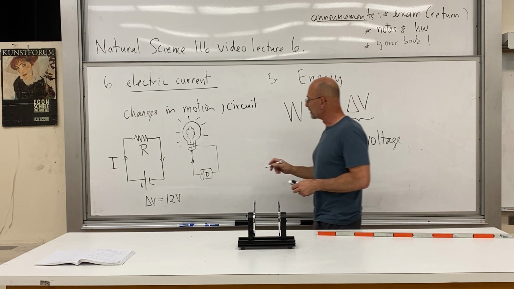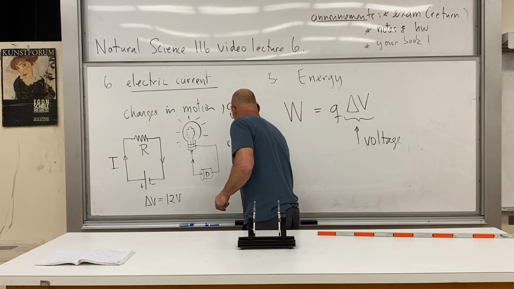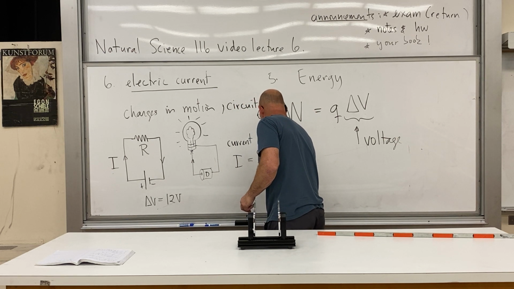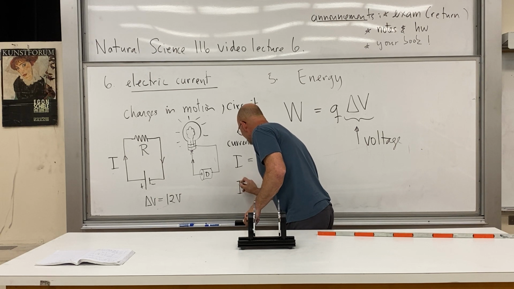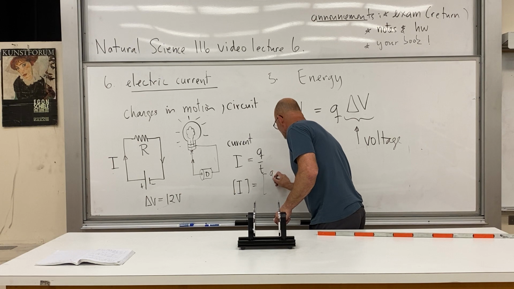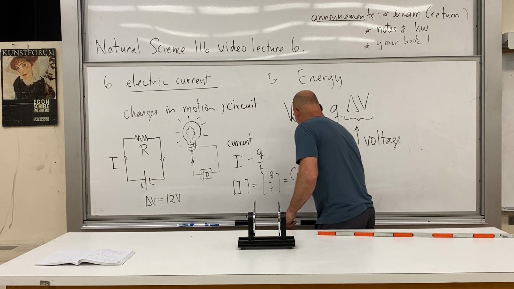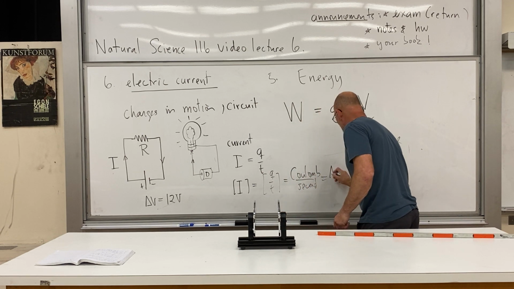Charges in motion. So current I is equal to Q over T. So the units of Q over T is equal to Coulomb per second is equal to the ampere.